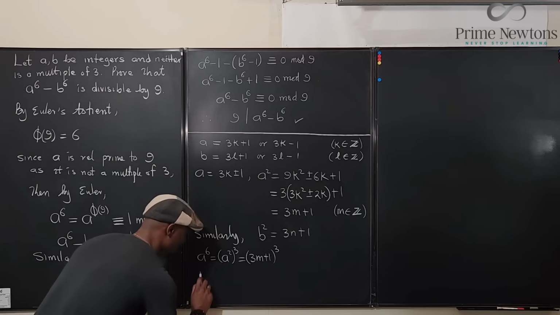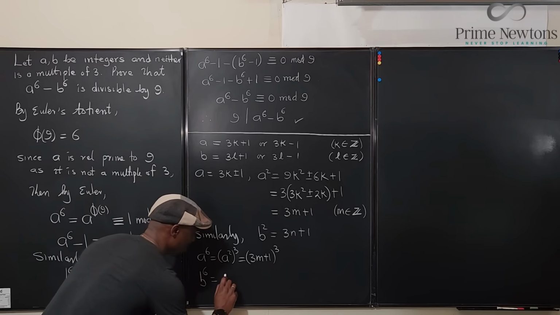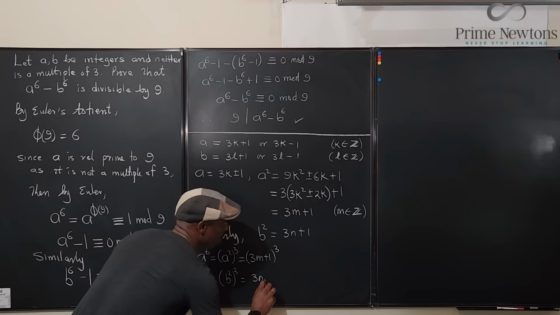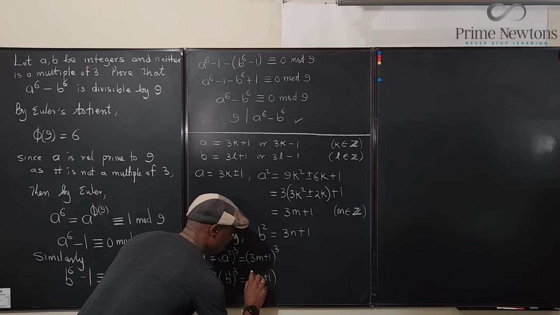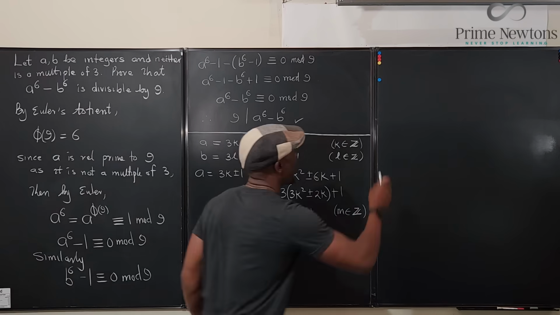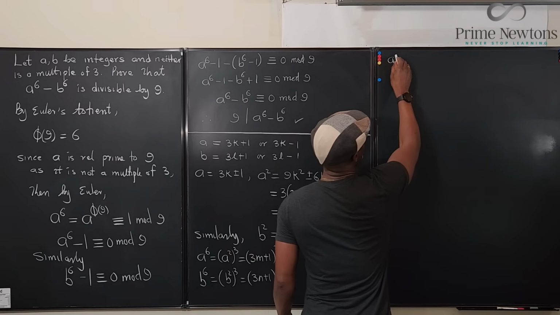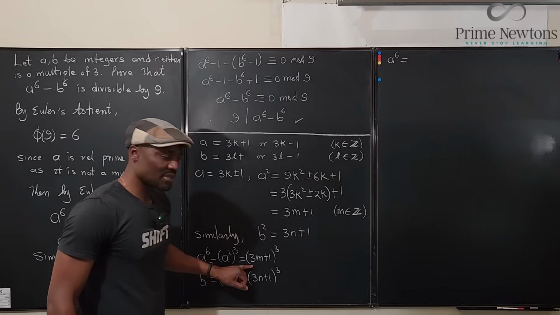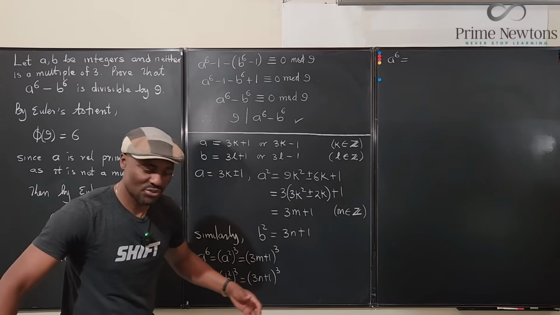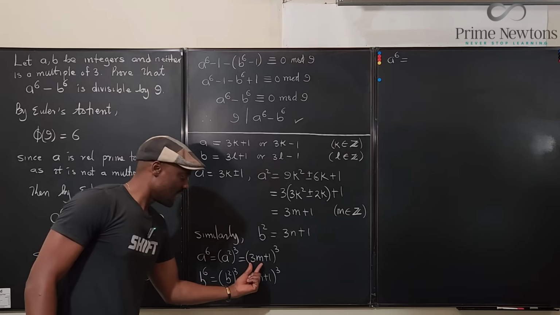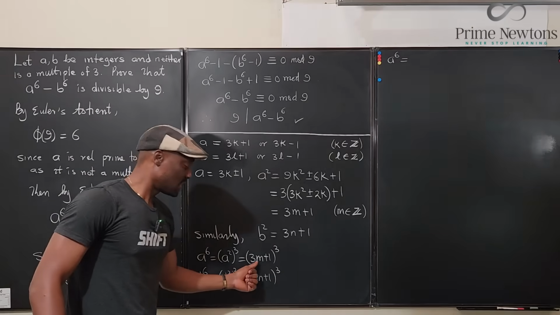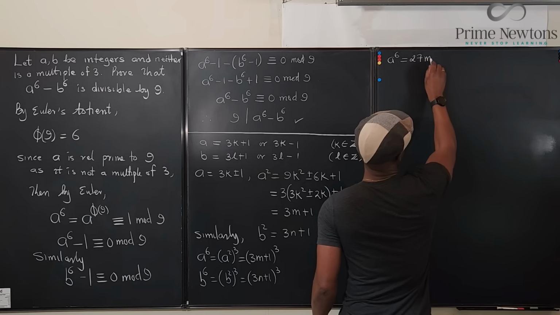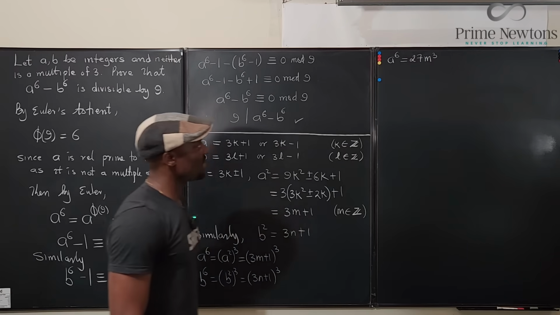Let's do b to the 6th also. b to the 6th is going to be b squared cubed, which is 3n plus 1 cubed. Well, we're going to end up with a cubed. A to the 6th will be, if you cube this using Pascal's triangle or binomial expansion, we know this is going to be 3m cubed, which is 27m cubed. That's the first term.